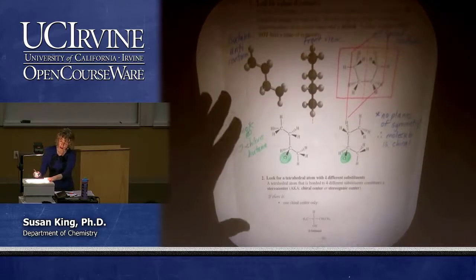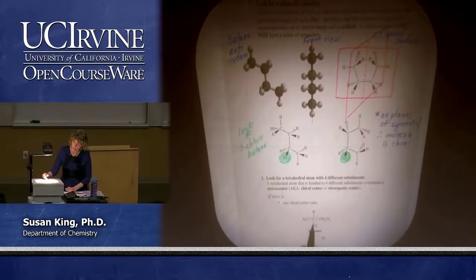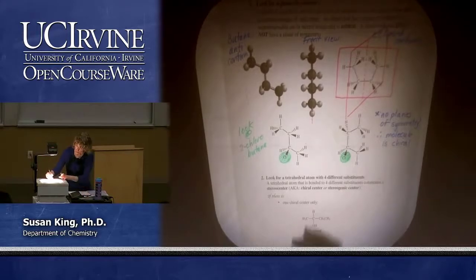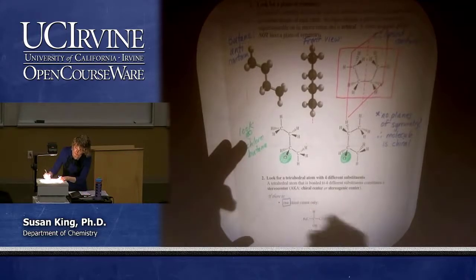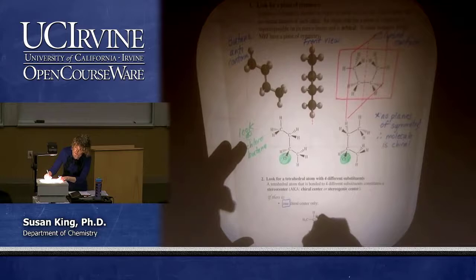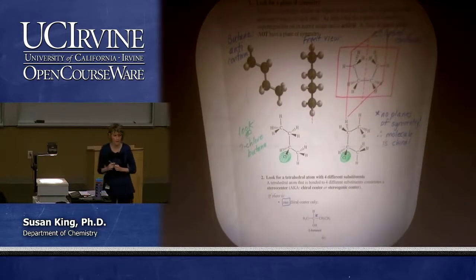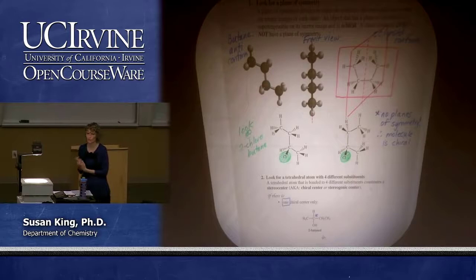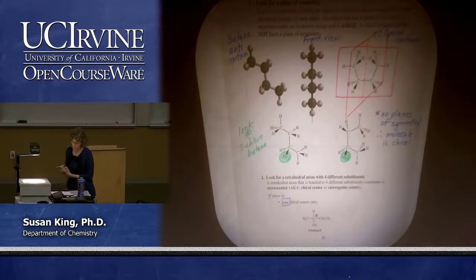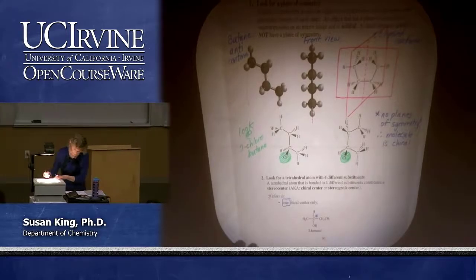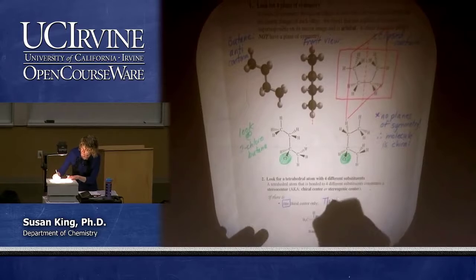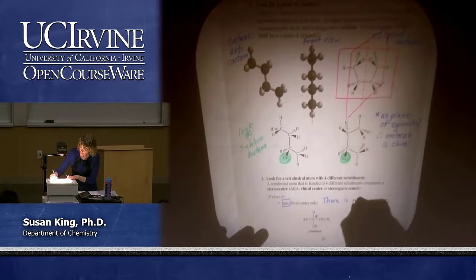So if there's one chiral center only, this compound, for example, has one chiral center because we have a carbon, and we usually signify it with an asterisk. That carbon has 4 different groups attached to it. So if there's one chiral center only, there is no plane of symmetry.